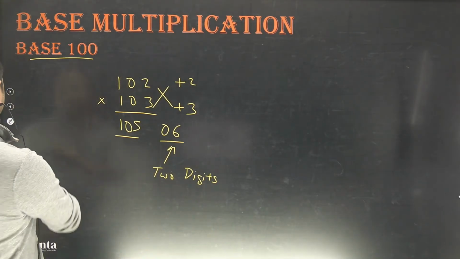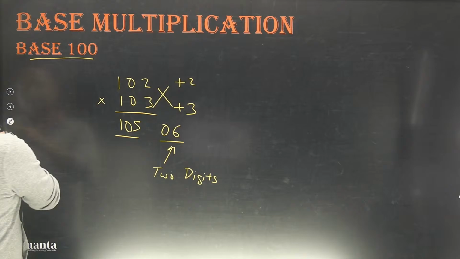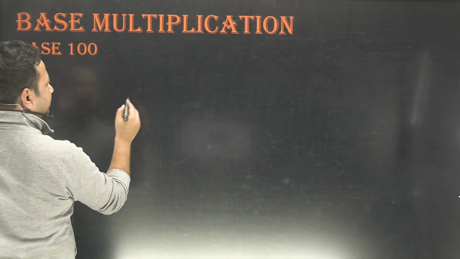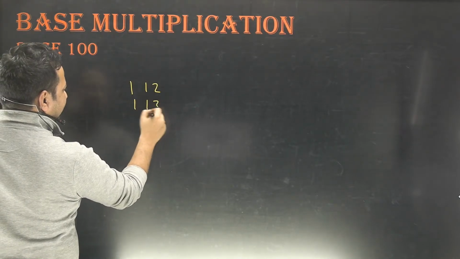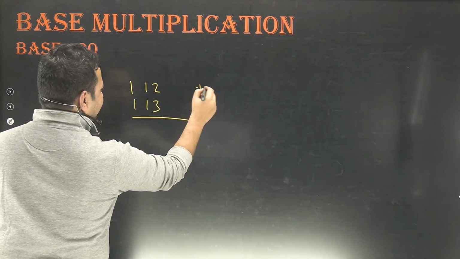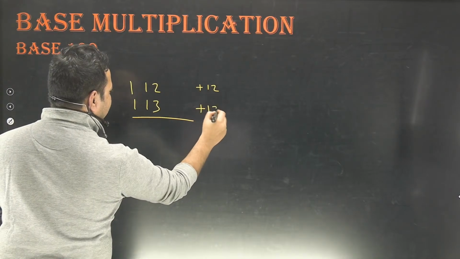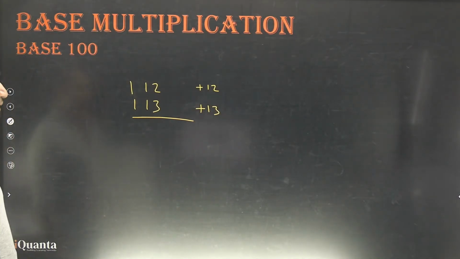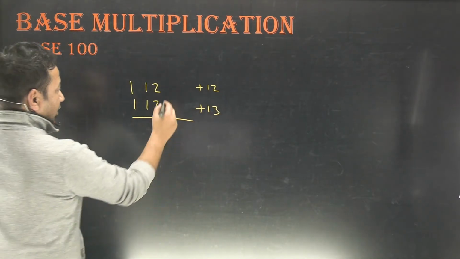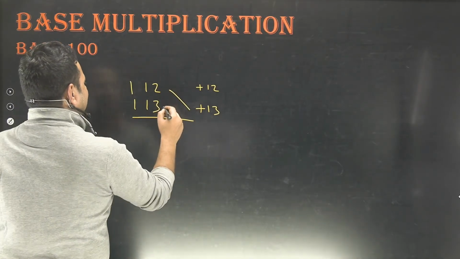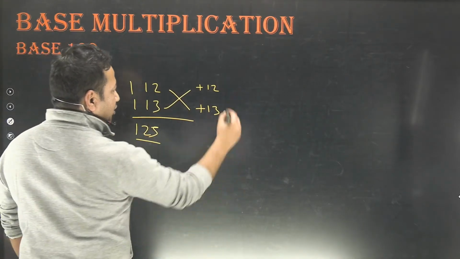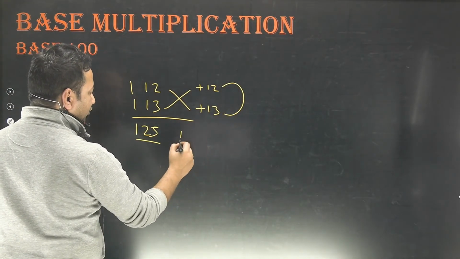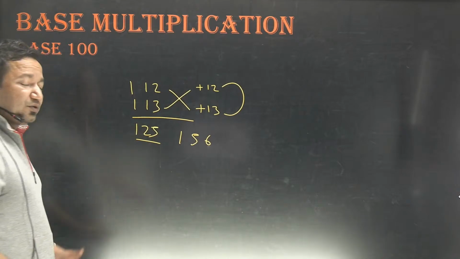All right. Let us take a few more examples. A larger number, 112 and 113. Here we have plus 12, here we have plus 13, right? 112 plus 13 and 113 plus 12, you'll get 125 in both the cases. 12 multiplied by 13 will be equal to 156, which you can do by using base 10.